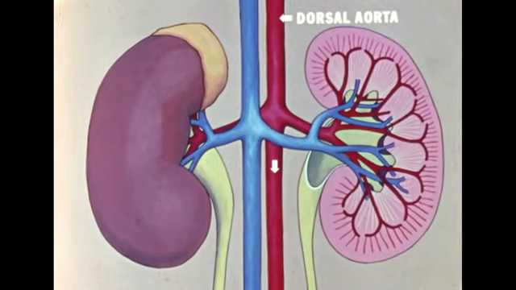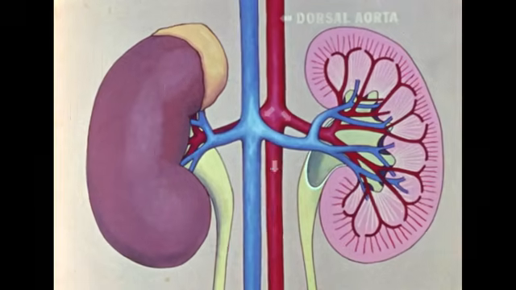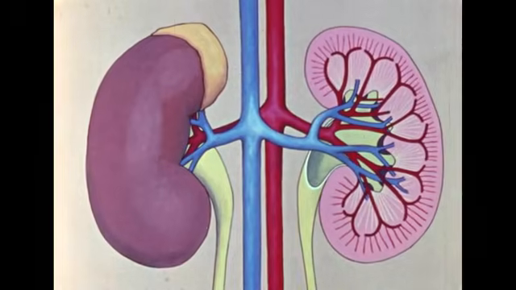About 1/4 of the blood flowing in the dorsal aorta enters the two kidneys. The blood leaves the kidneys through the renal veins, which empty into the inferior vena cava.